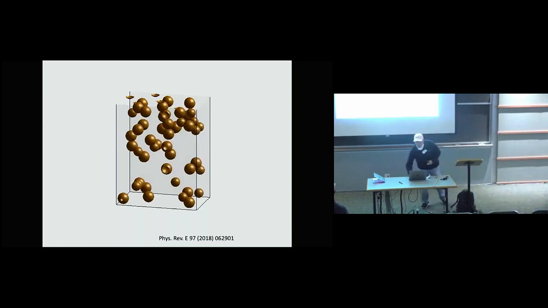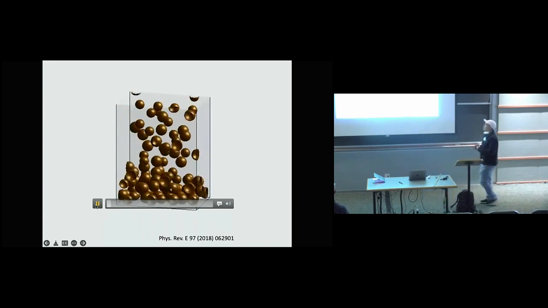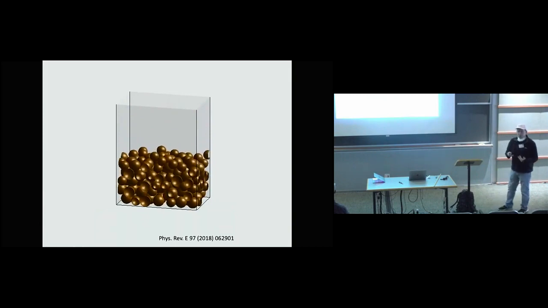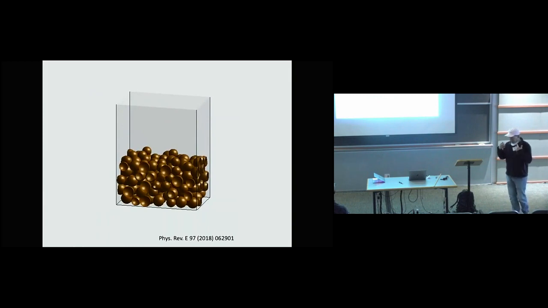The simulations look like this, where here I'm sedimenting the grains and there's fluid flow in the background. The fluid velocity is below critical and I'm ramping it up. As I ramp up the fluid velocity, you'll see in a second that the grains will start flowing and be entrained.